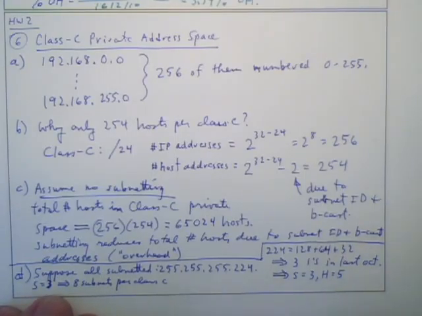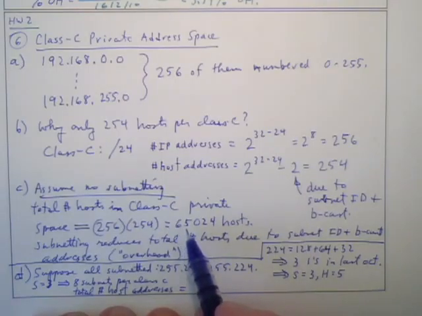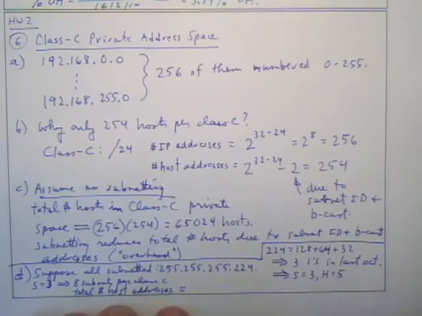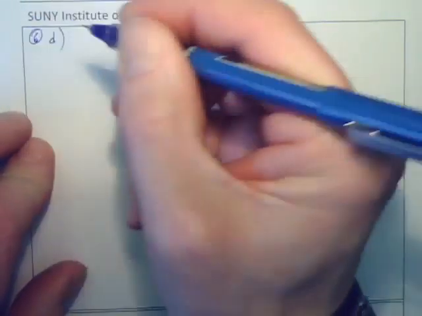So I have the total number of host addresses. Sorry, this is so small. I'm running out of room here. 6D.